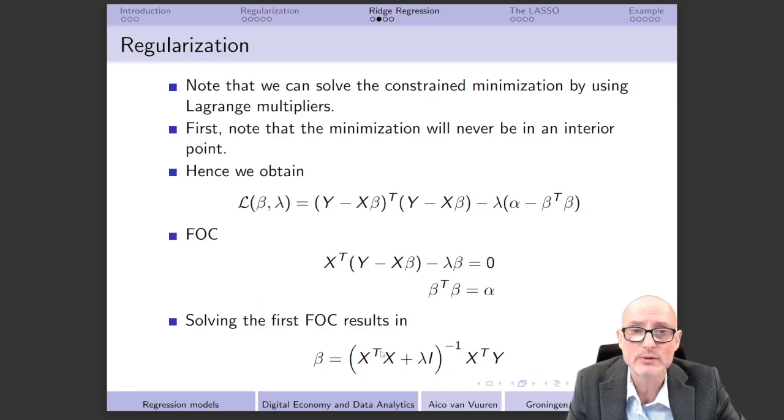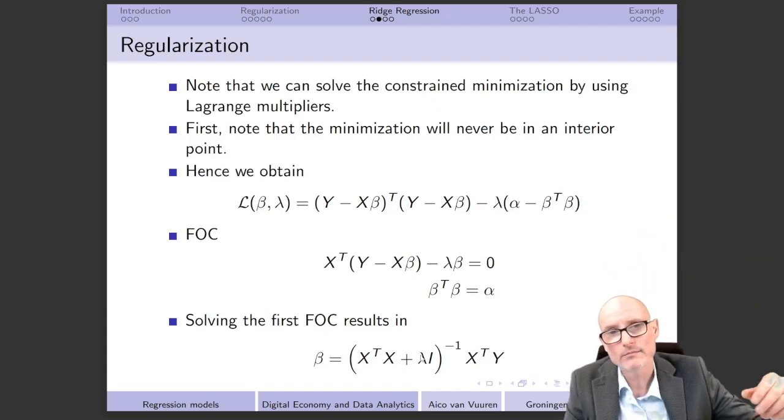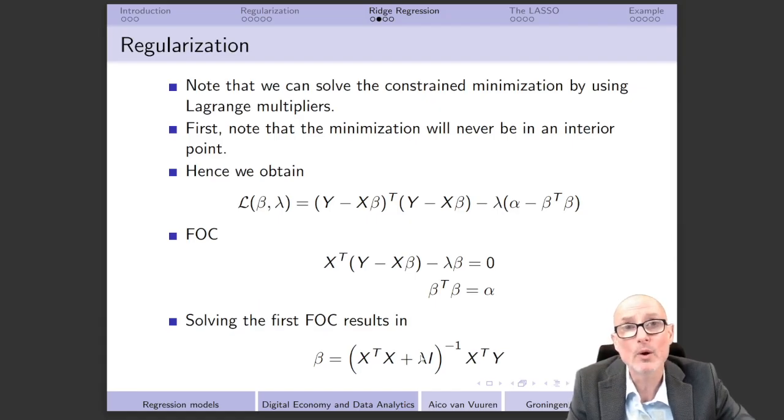That might not be the case, especially if the number of features is extremely large. Then it could be that this is not invertible or very difficult to invert. But if we add something positive along the diagonal, it is more likely to be invertible compared to this one.